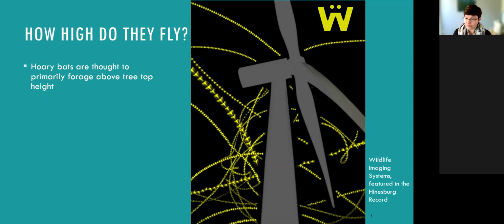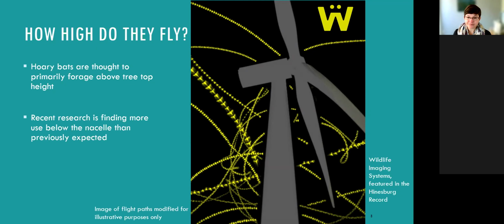As we understand more about bat activity, it's possible that this is actually a really important space, and as the turbine blades are encroaching lower, that could have negative implications for bat mortality.